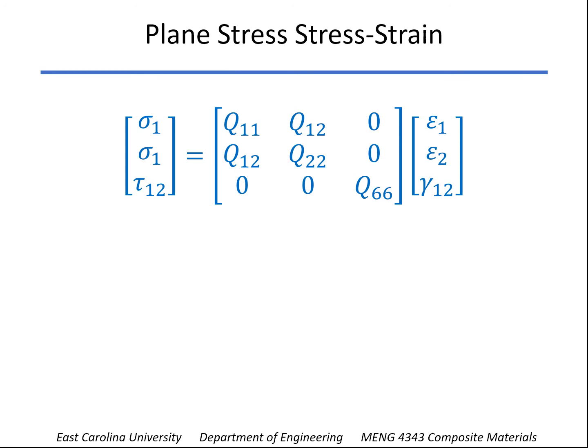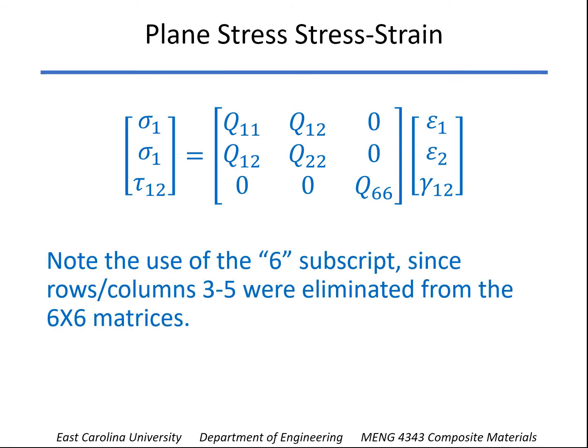We can find the components of that by inverting the 3 by 3 S matrix. And by the way, you did notice that we don't say it's 1, 3, 2, 3, and 3, 3. We use 6 for the last column and last row because we've eliminated rows and columns 3 to 5.